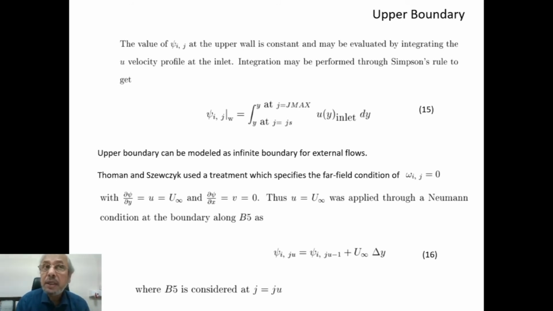And that, if you recall my introductory lecture, was the first successful computation of Navier-Stokes equations, done by Fromm and Welch in Los Alamos, and Thoman and Soucek, in University of Notre Dame, probably. I am not recalling exactly the university where they worked.